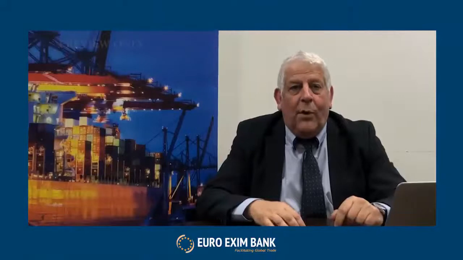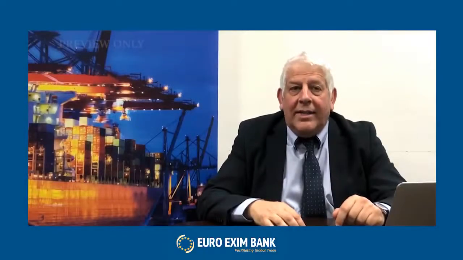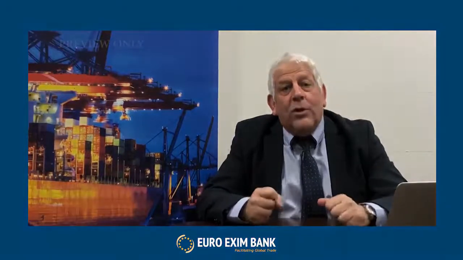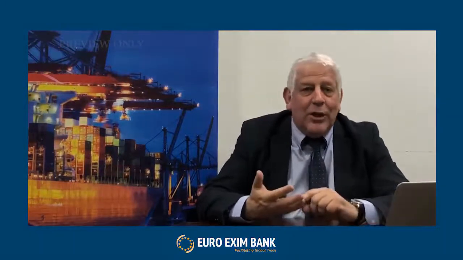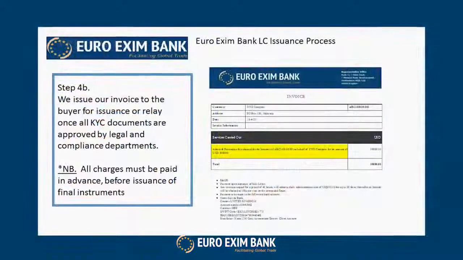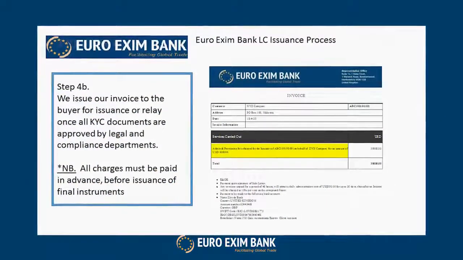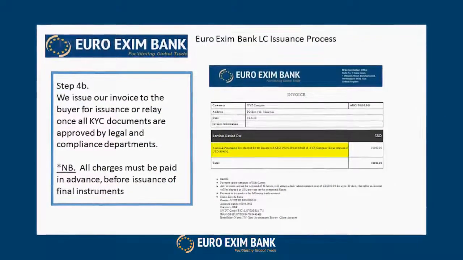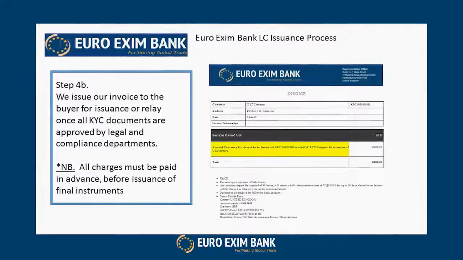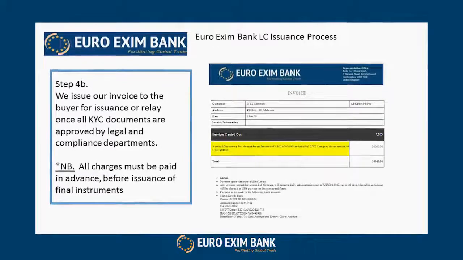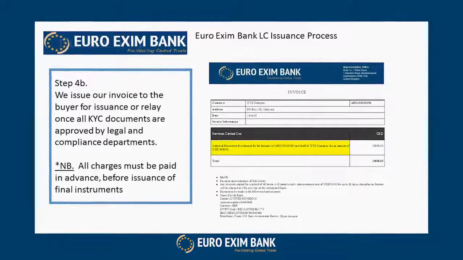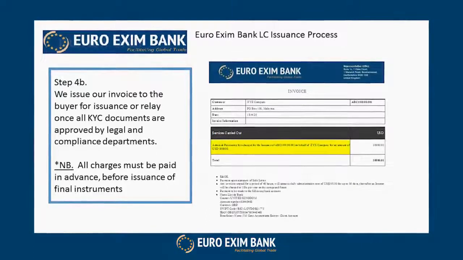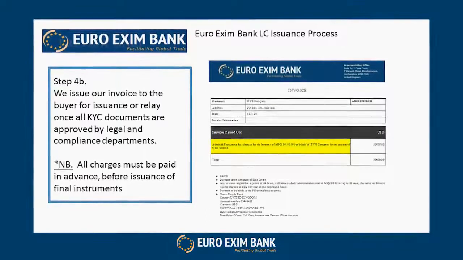Step 4B. Once we've been through the entire KYC process and we have all the documents necessary, including the passports, etc., if everything is going according to plan and everything checks out correctly, we will then issue our invoice for our fees. Now this could be for issuance of that instrument or relaying through a third-party institution as well.